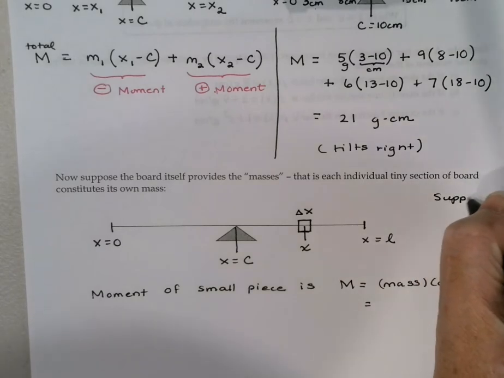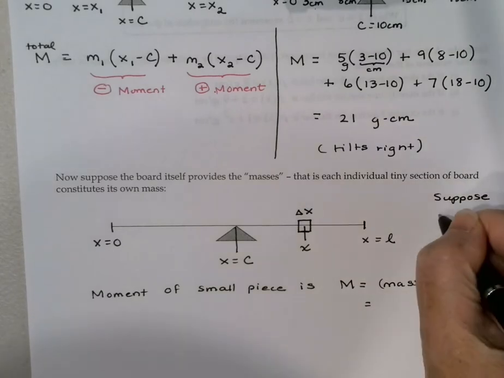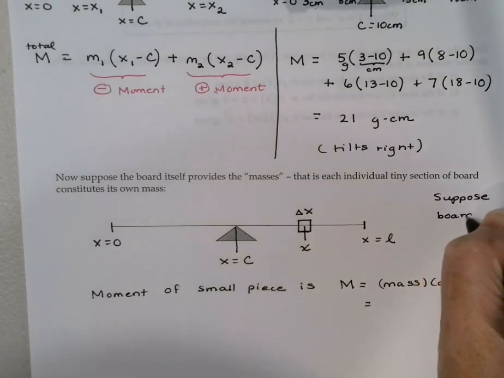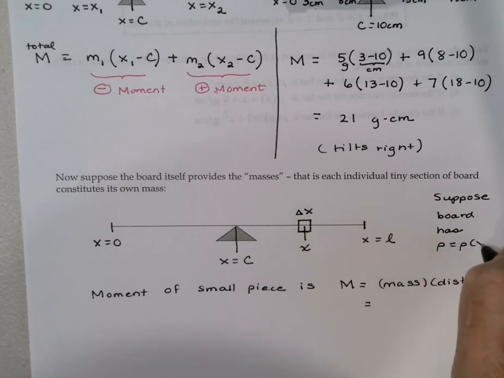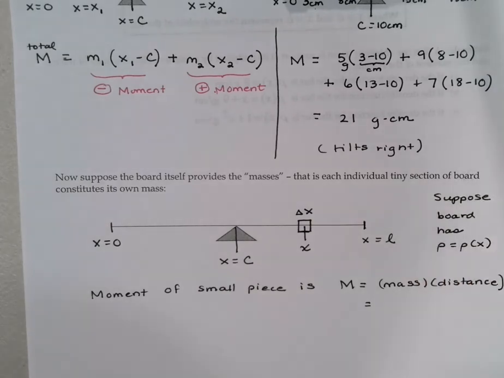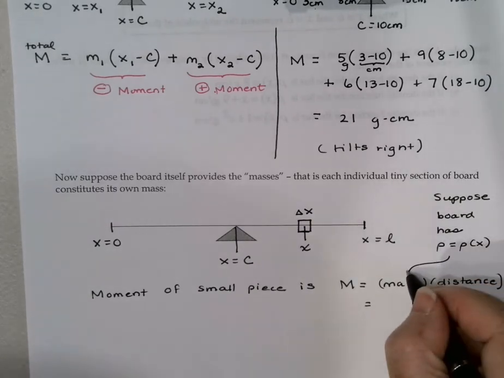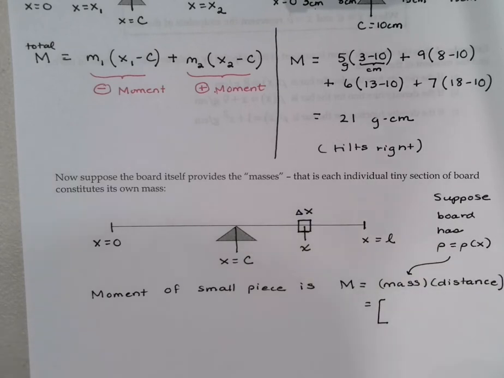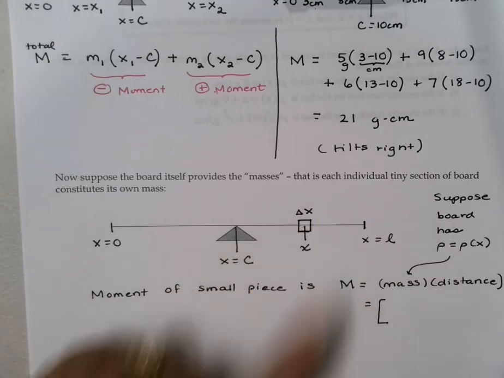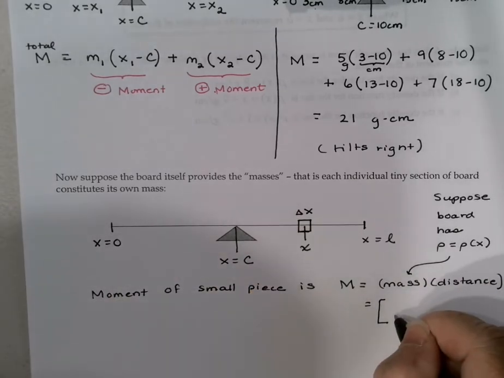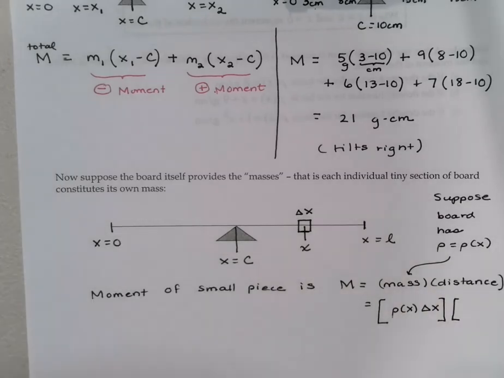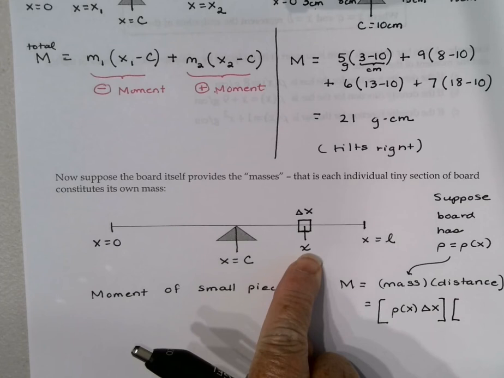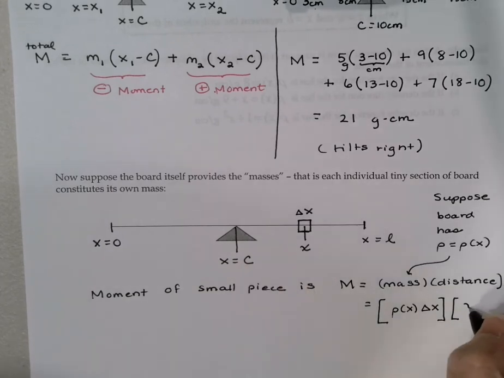Let's suppose this board has density function rho of x, then the mass is the density times the length. Rho of x times delta x. And the distance from the fulcrum is x minus c.